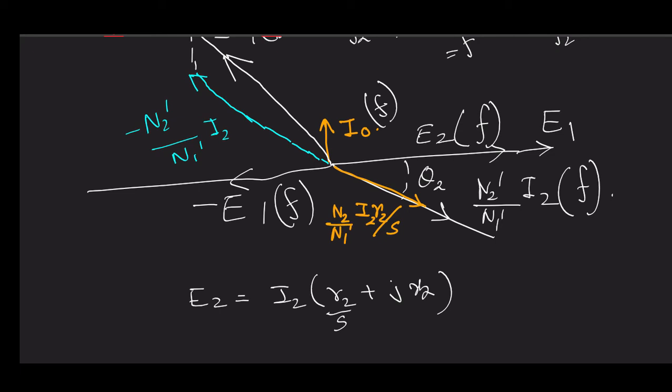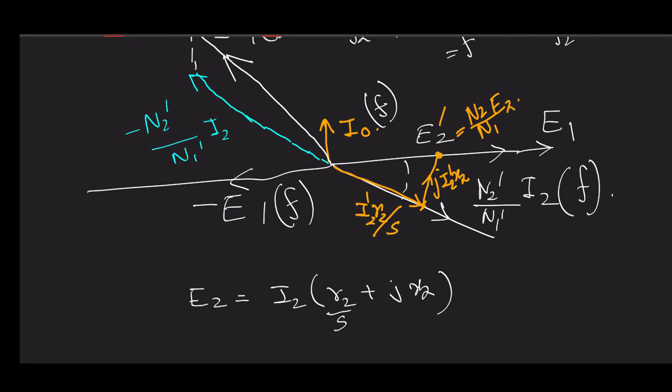And this side will be, let it be I2 dash, jI2 dash X2, and that gives E2 dash, while E2 dash is equal to N1 by N2 times E2.